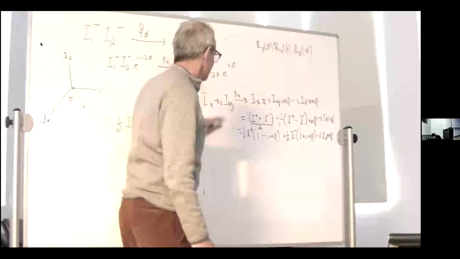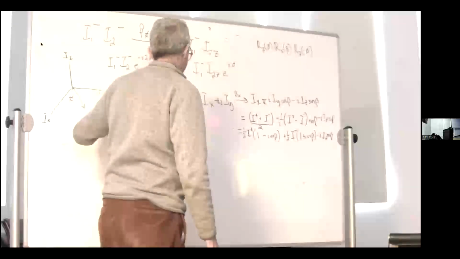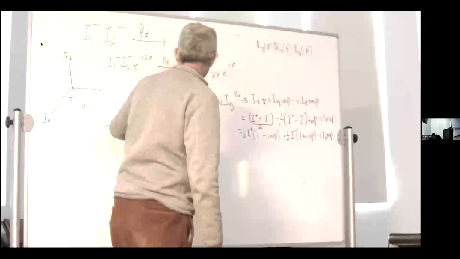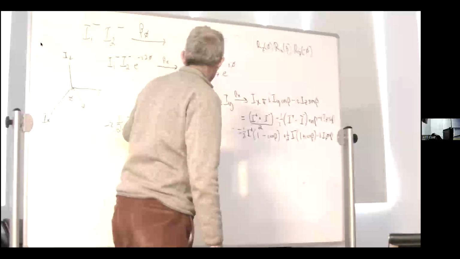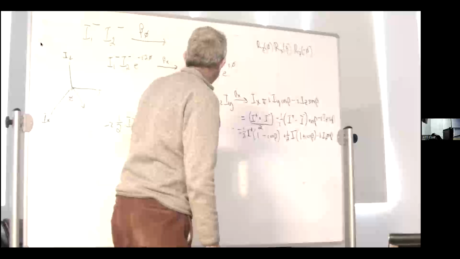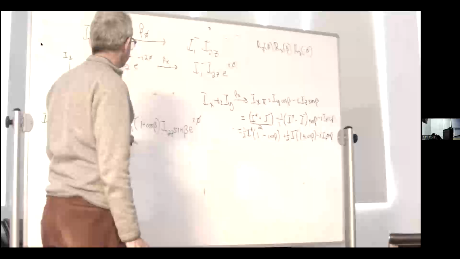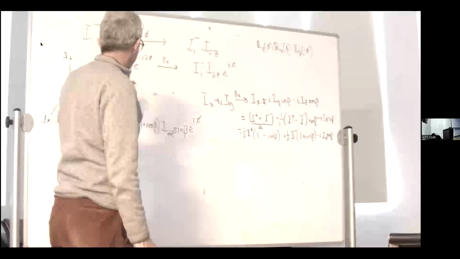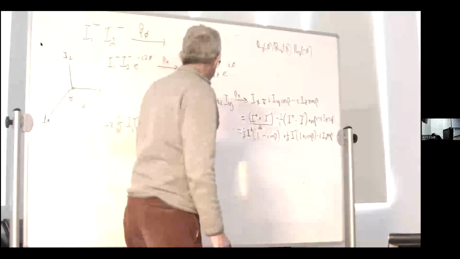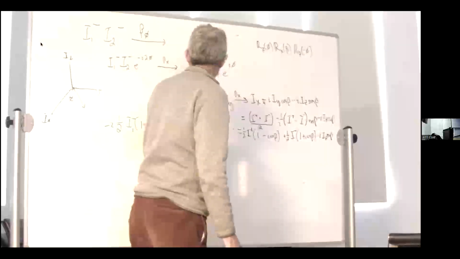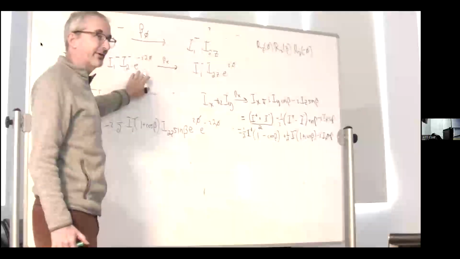So I'm going to end up with a minus I2z sine beta e to the i phi, and this whole thing should have e to the minus i2 phi. That came from here.